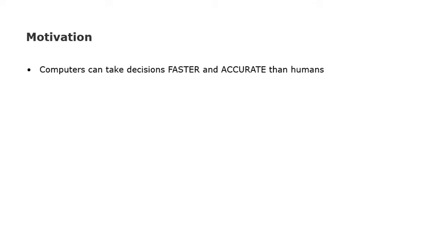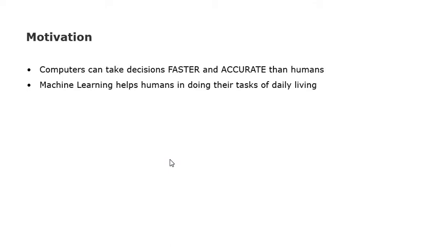The second motivation is that machine learning helps humans do their tasks of daily living. Not just credit card transactions, machine learning is applicable to many other areas, like day-to-day activities. Google uses machine learning for finding out the traffic intensity, whether it is heavy traffic or light. You have seen Google Maps, right?